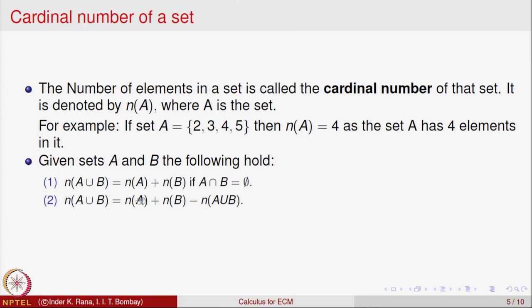So, essentially this is because when you are looking at A union B, that is the collection of all elements of A and B together. So, you will be counting elements of A, then you are counting elements of B, but if there are some elements which are in both, that is A intersection B, then you will be counting them twice. So, you have to subtract those elements once from the number.